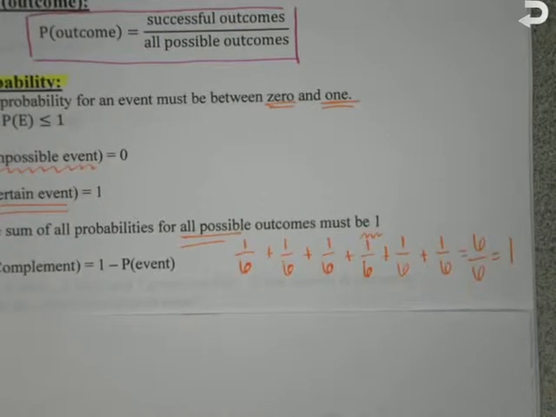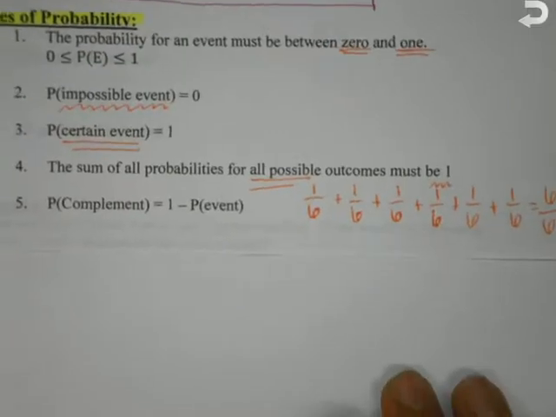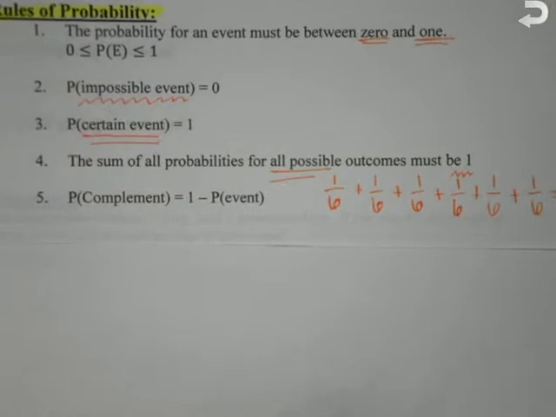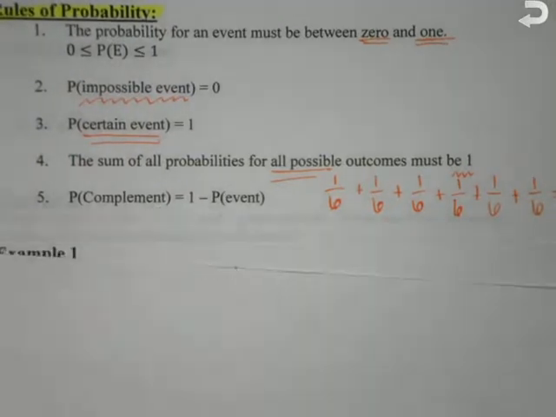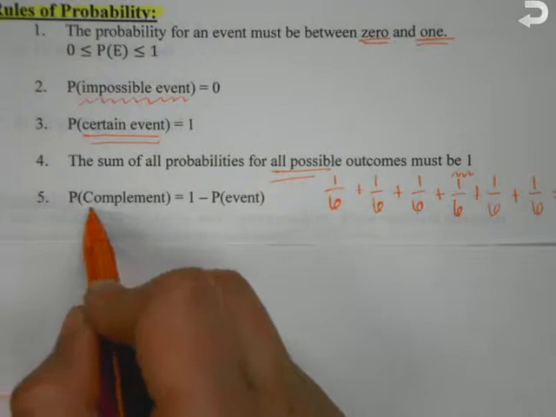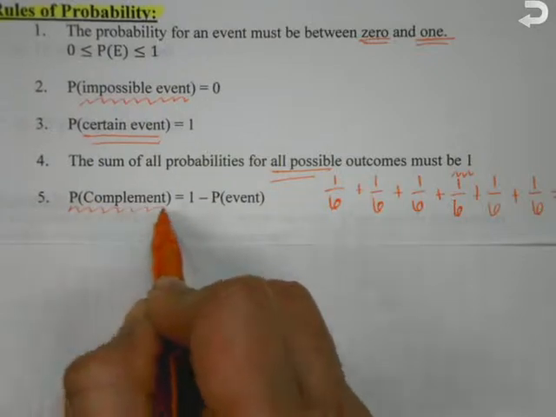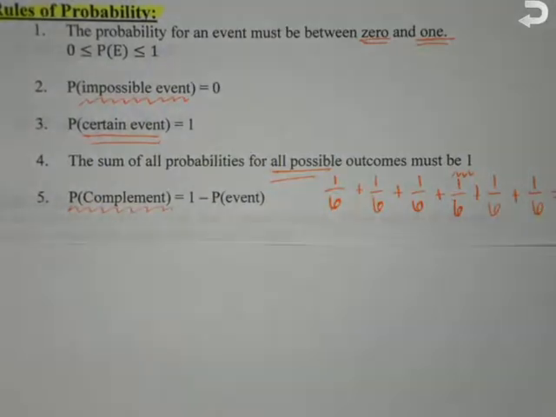Last rule of probability is called the complement. I'm going to define this for you in the next set of notes. What you need to know is the complement means the opposite of something. So, for example, the complement of flipping a coin heads is tails. If I am trying to roll a 6 on a dice, the complement would be any number but 6.